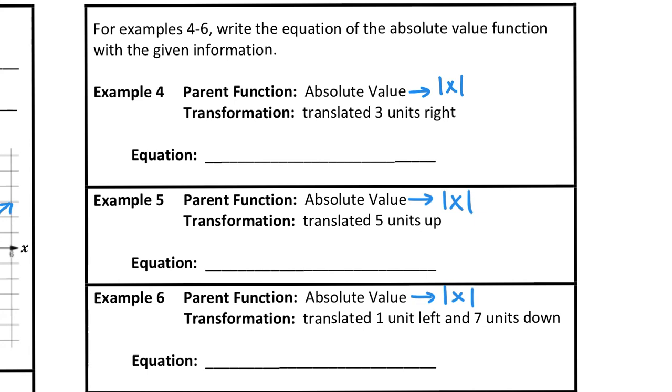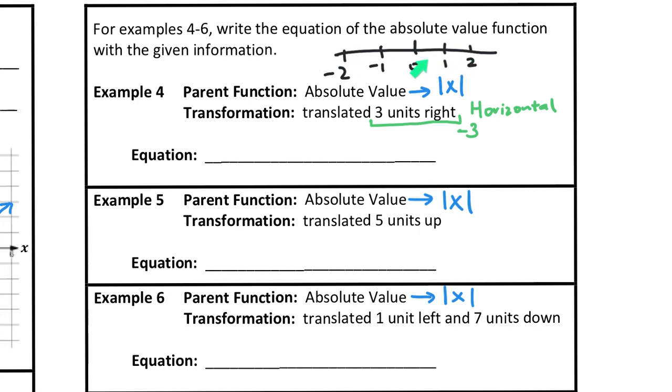I'm going to try and use kind of a color code. So if it's a horizontal movement, in this case to the right, I'm going to use green, and it's going 3 units to the right, so we're going to do -3. And the thing about horizontal movement, it does the opposite number, because if you're looking at the number line on the x-axis, let's say I draw the number line, so I have 0, 1, 2, and then -1, -2, something like this.